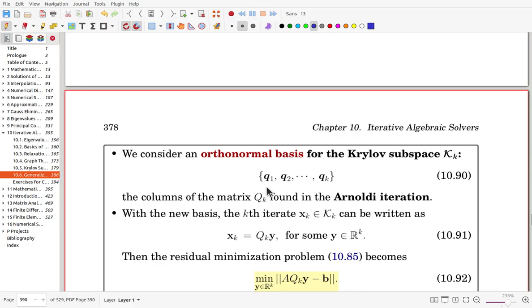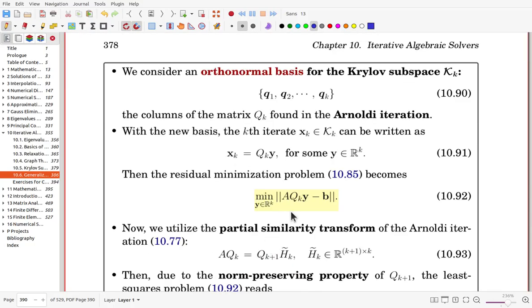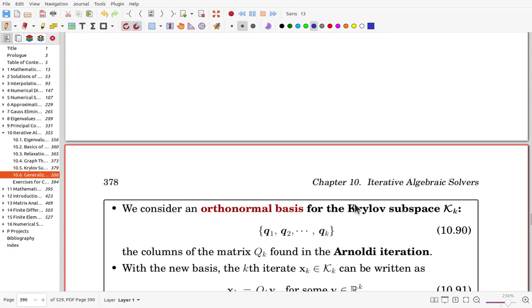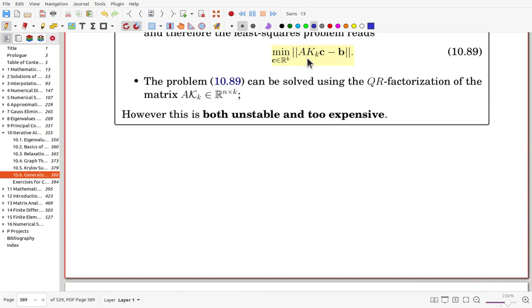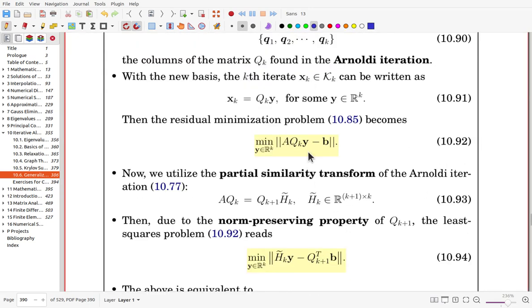So xk must be the matrix with a coefficient vector. Now the problem is changed into this form. For xk, we are using Qk y. Now we try to minimize over y. It's better than the earlier minimization. However, it is still expensive.